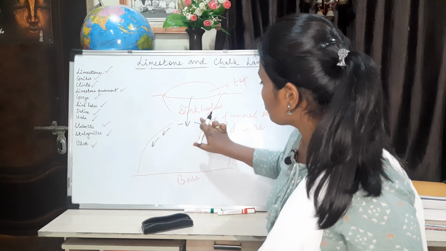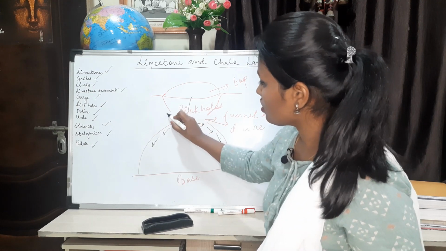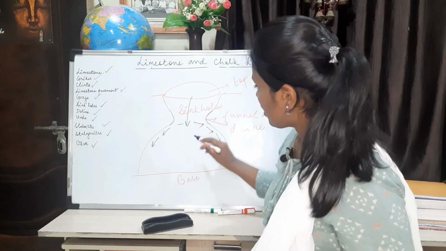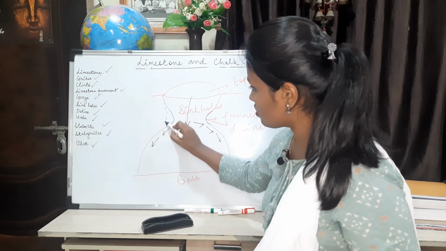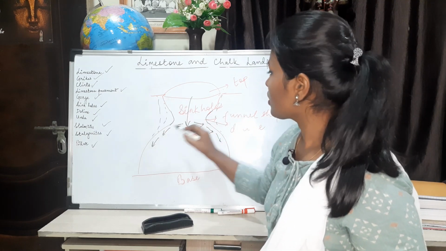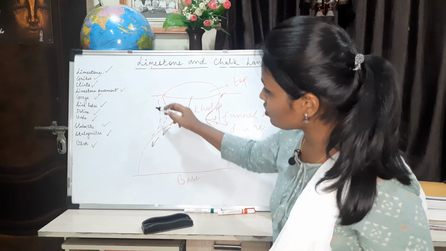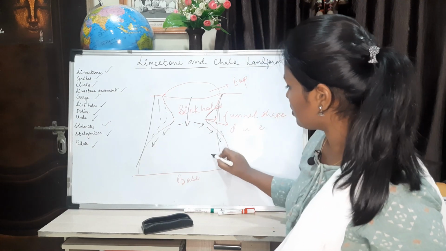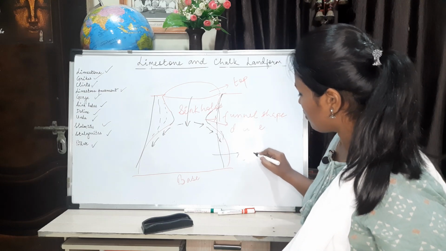This is going to move away, forming a trench kind of pattern, and it is going to get more wide. At times it becomes this kind of thing, and this will be called uvala.